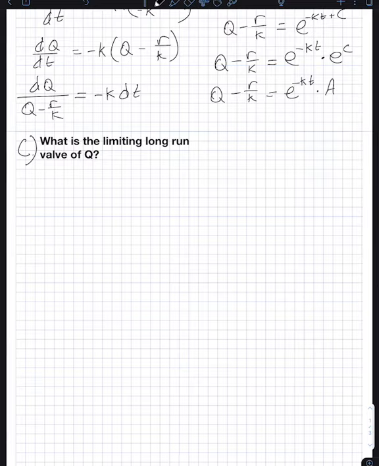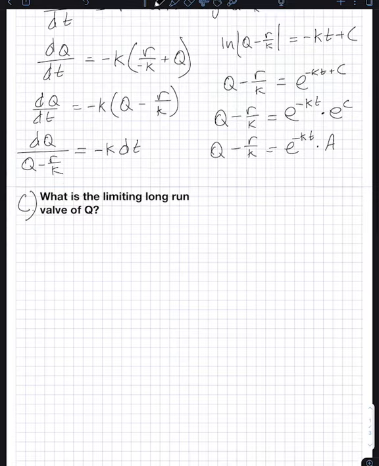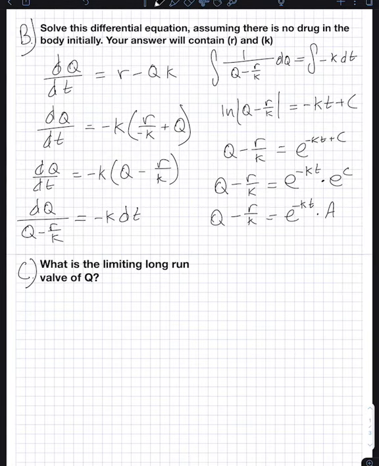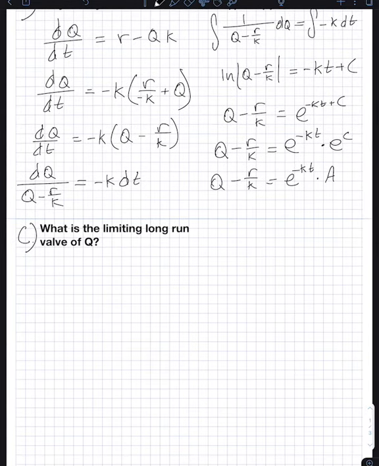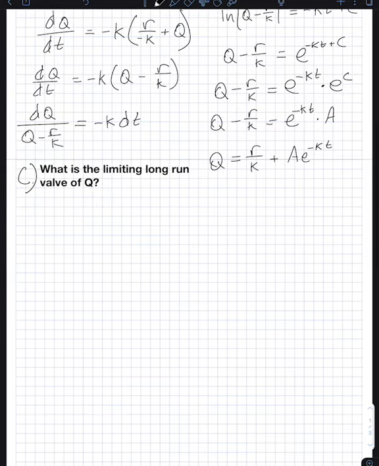So we have Q equals R/k plus A e to the negative kt.